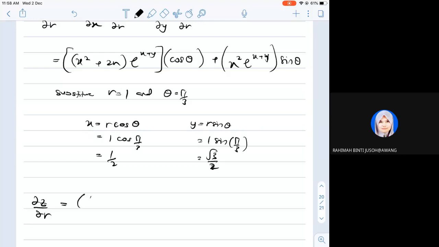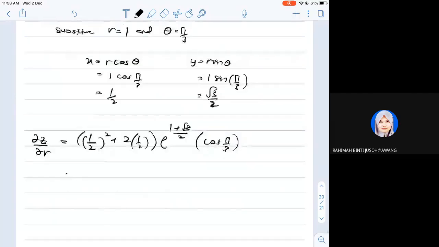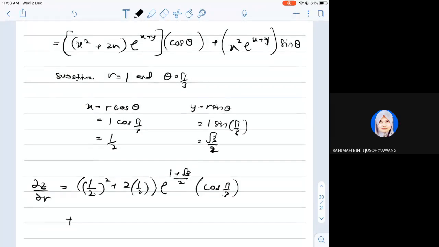So x squared is 1 over 2 squared plus 2 times 1 over 2, exponent of 1 plus square root 3 over 2, times cos theta, cos pi over 3, plus the second one, x squared. So 1 over 2 squared exponent of 1 plus square root 3 over 2, of course, and then multiply by sine pi over 3.